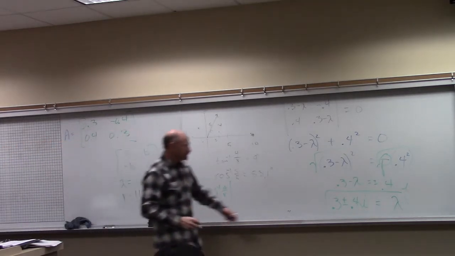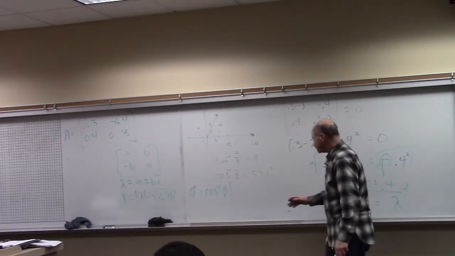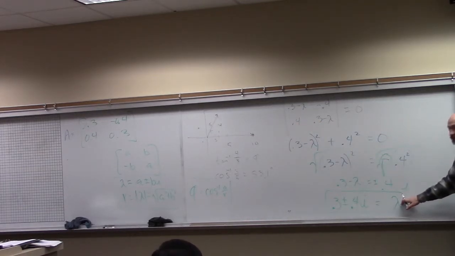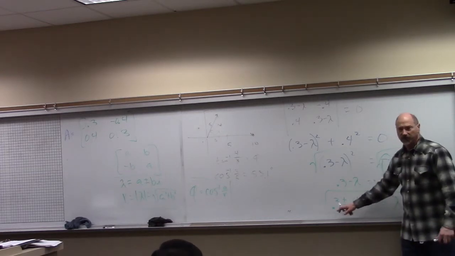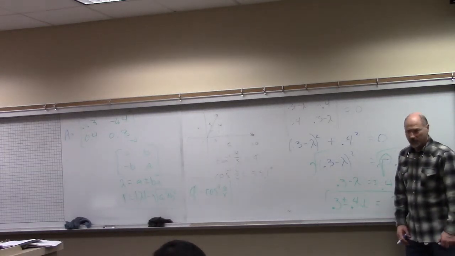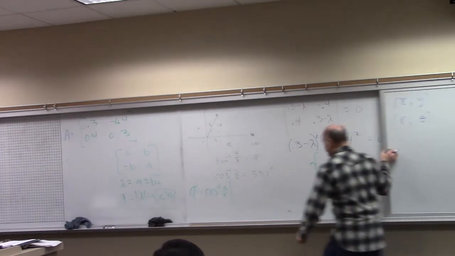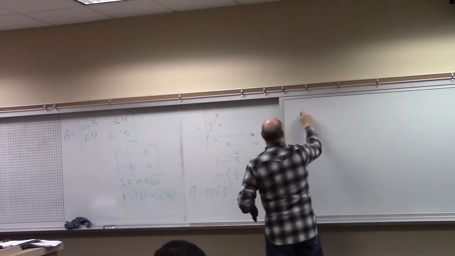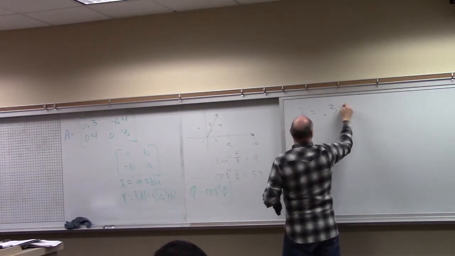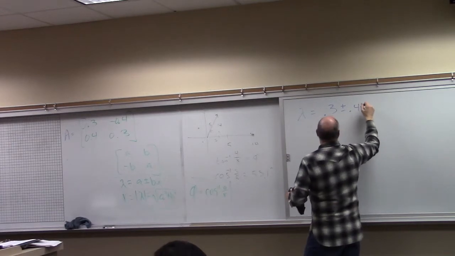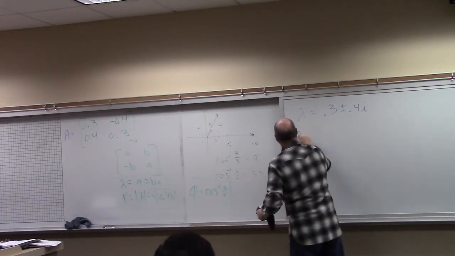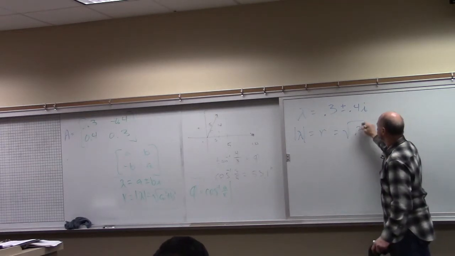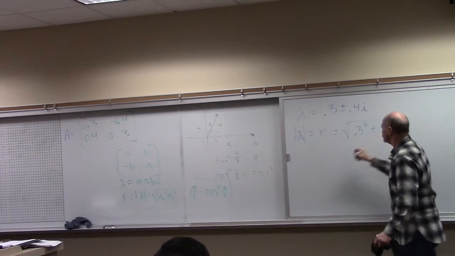I didn't go ahead and show you this, but for this particular one, how do I find the magnitude? It's going to be 0.3 squared plus 0.4 squared, right? Let's go ahead and finish that. Lambda was equal to 0.3 plus or minus 0.4 I. So the magnitude of lambda that we call R is equal to the square root of 0.3 squared plus 0.4 squared, right?